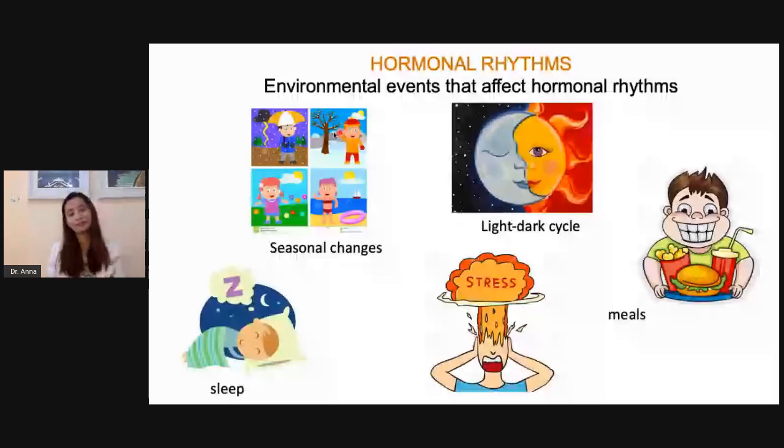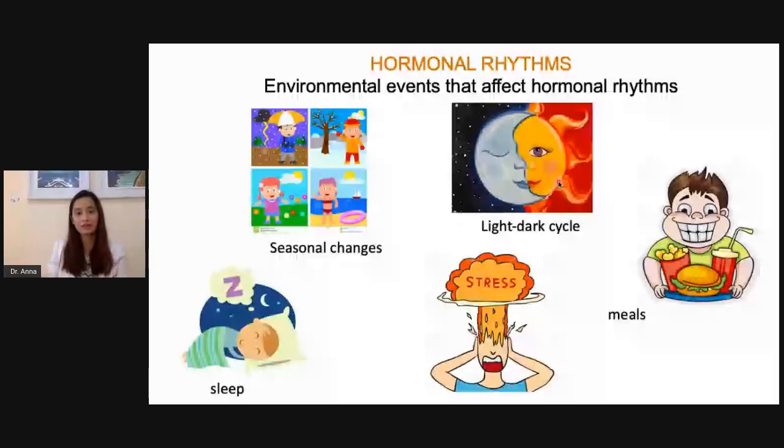And then the light-dark cycle can also affect your hormonal rhythms. So in the morning when you wake up, your cortisol will start to peak between 8 to 10 a.m., and then at midnight there will be a nadir, or a lowering of the levels of your cortisol hormone.